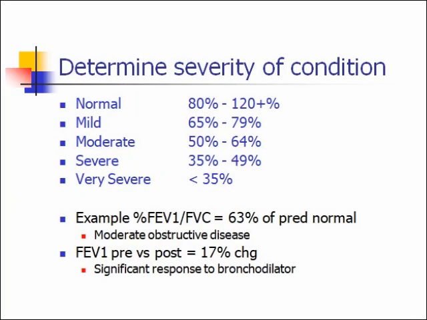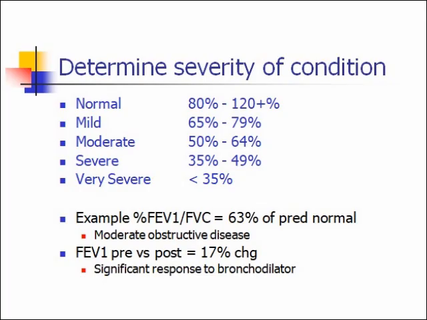Now, part of pulmonary function testing is determining the severity of the abnormality, severity of obstruction, of restriction. So we look at these measurements as we're doing them. If they're greater than 80%, then we have a normal measurement.